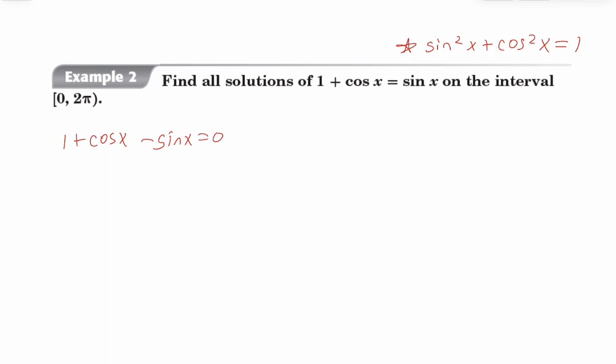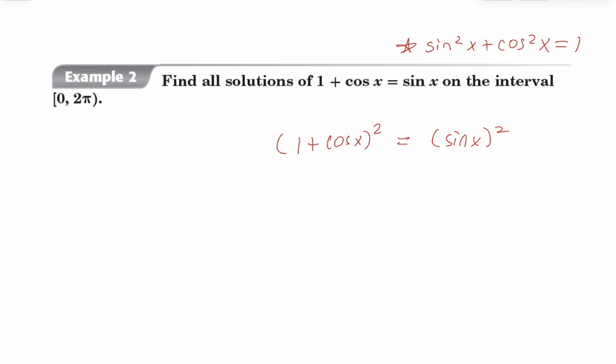Now, one of the things I said during the last example was that if it doesn't have the square on it, we can't use the Pythagorean. So this particular problem, the way that it sits, doesn't have the square on it. But if we do the same thing to both sides of an equation, we get an equal result.